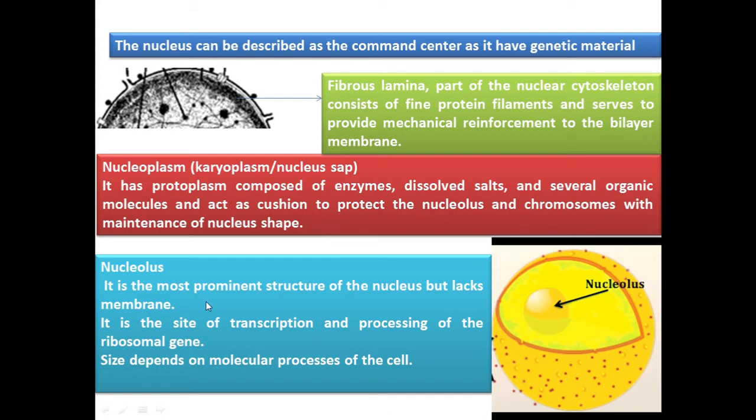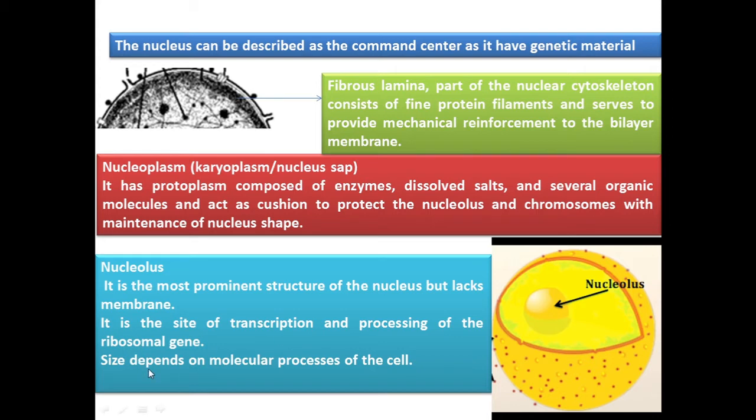This nucleolus doesn't have any surrounding membrane, and its main function is transcription and processing of the ribosomal genes. What is transcription? Transcription is RNA synthesis from the DNA, and the nucleolus also helps in processing of the ribosomal genes to form different types of ribosomes.